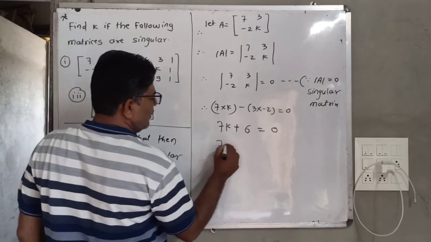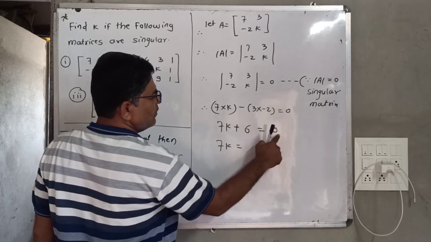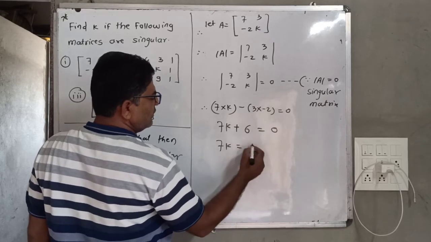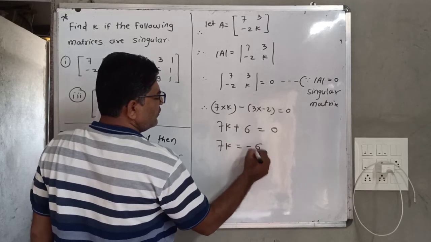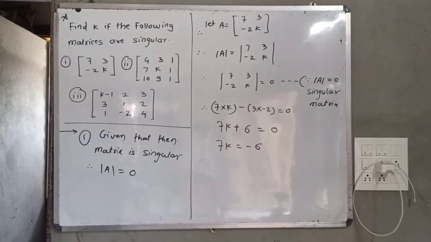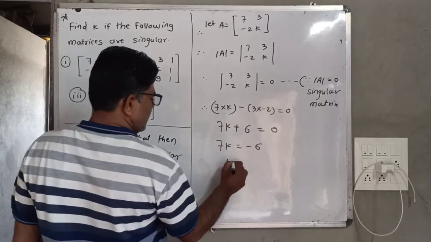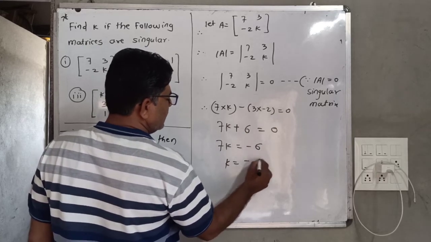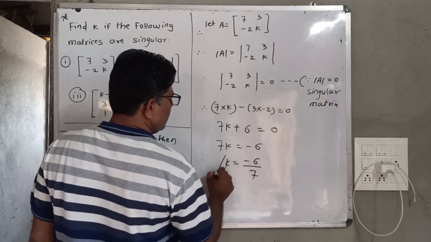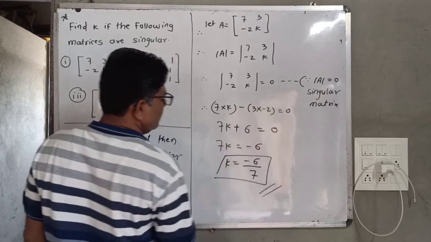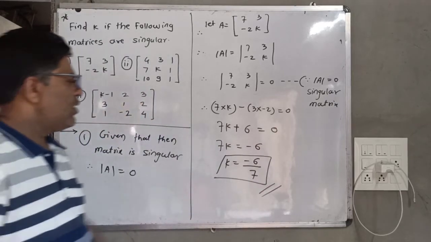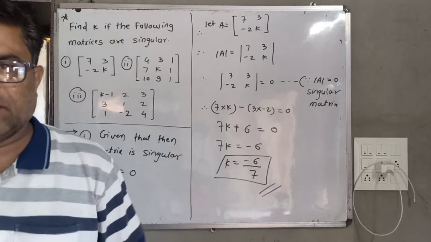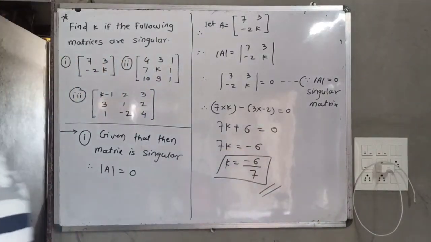Then 7k equals minus 6, as the plus 6 changes sign when moved across. K equals minus 6 by 7. This is the answer. Just take a screenshot.